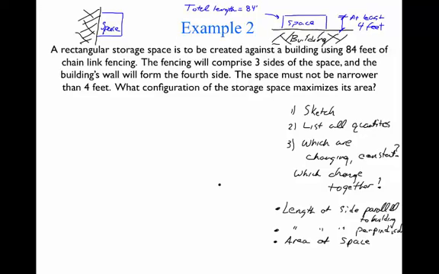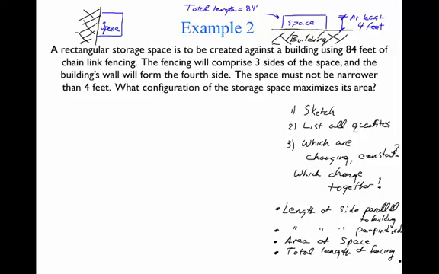Total length of fencing. I think he's onto something here. So we got the length of the side parallel to the building, the length of the sides perpendicular to the building, the area of the space, and the total length of fencing. Anything else that anyone else came up with?